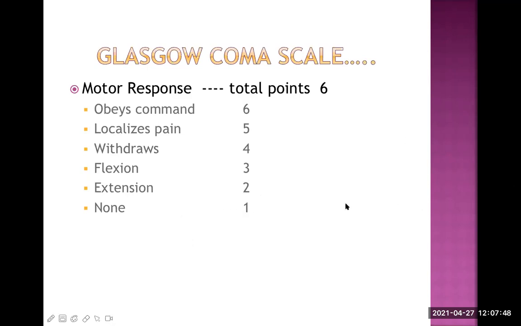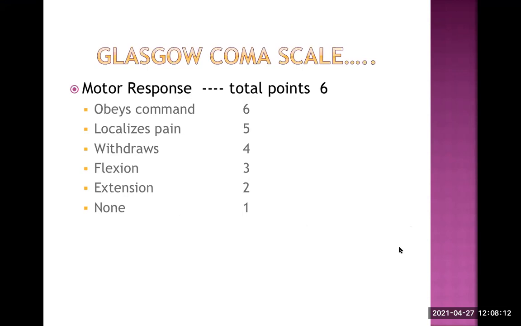So what is the maximum score and what is the minimum score in the Glasgow scale? Yes, what is the maximum and what is the minimum? The maximum is 15 and the minimum is 3.